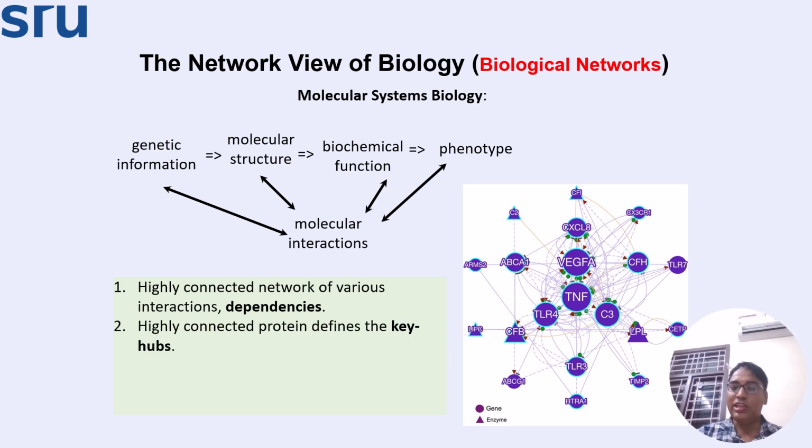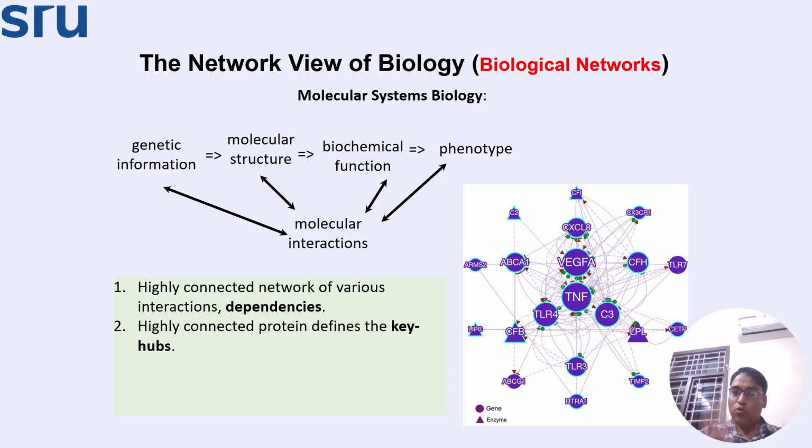Highly connected protein defines the key hubs. Just like in computer systems, the hub is the main channel through which the entire network goes. Just like a router in anybody's house, through which entire network traffic goes to the outside world and vice versa. That only controls.